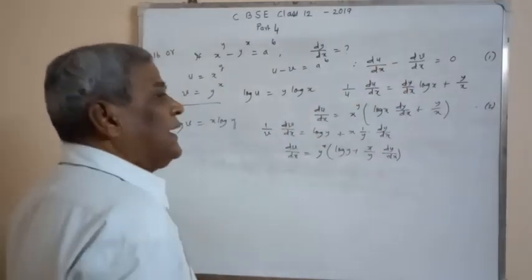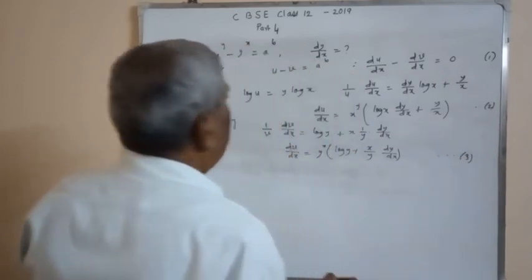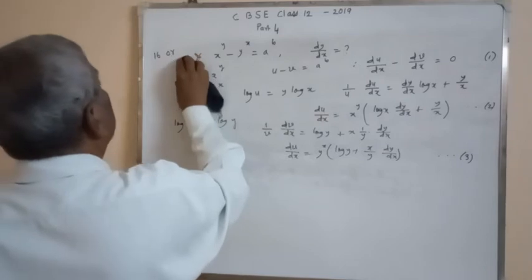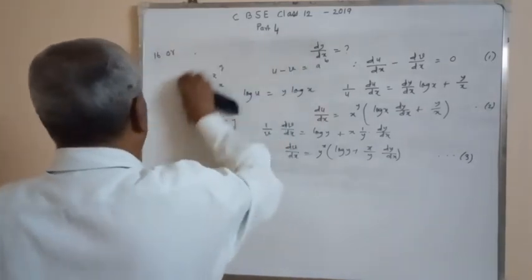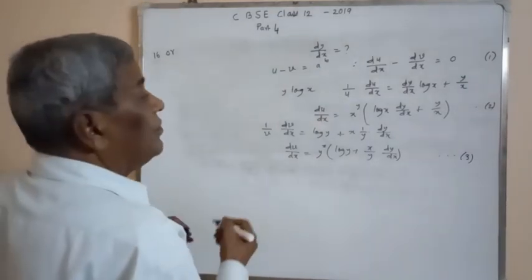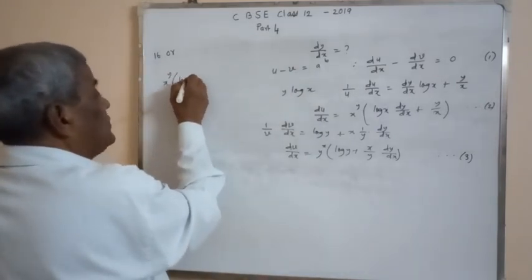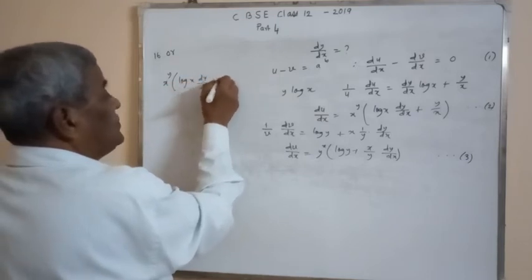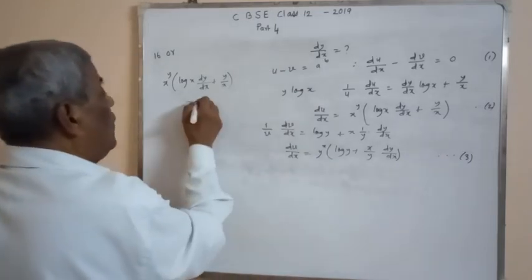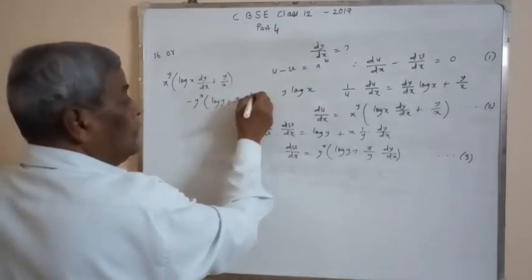So taking values of du/dx and dv/dx from 2 and 3, the result becomes, just 1 minute. du/dx is equal to dv/dx. du/dx is our x to the power y into log x dy/dx plus y by x, minus dv/dx is y to the power x into log y plus x by y dy/dx.